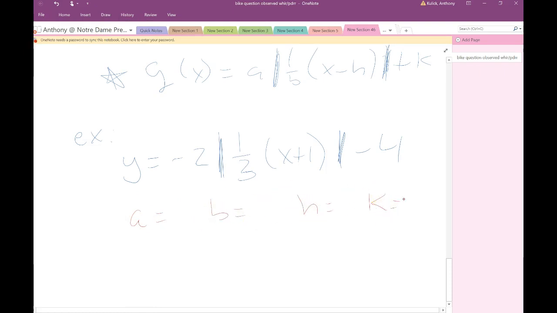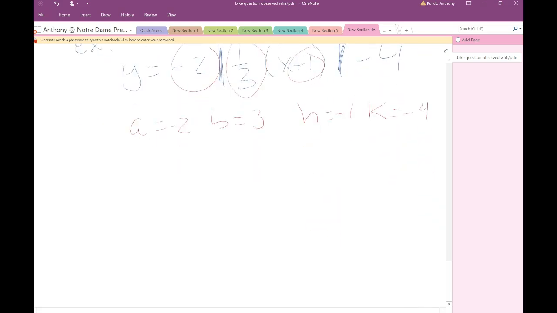So the value for a is -2. And then my value for b is 3. Remember that this is 1 over b, so the reciprocal of 1/3 is going to be b. The value for h is -1. Remember, we have a negative sign in our formula, so it's always the opposite of whatever's written. And then the k is -4.